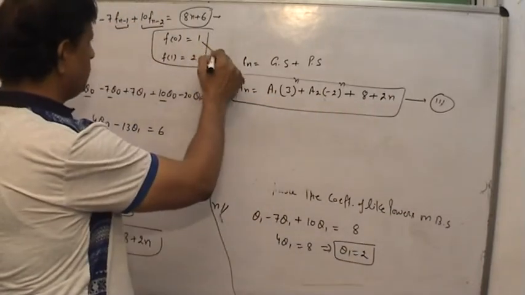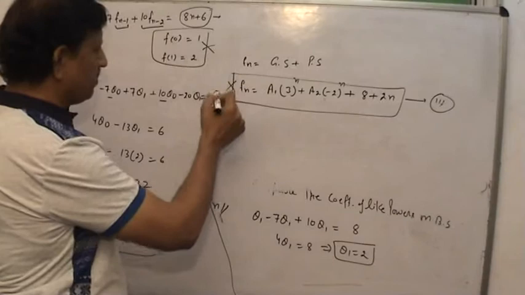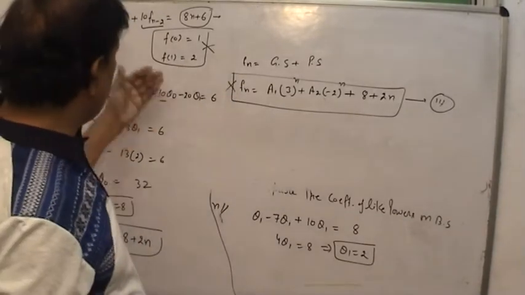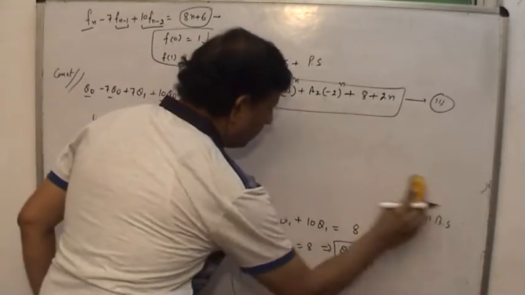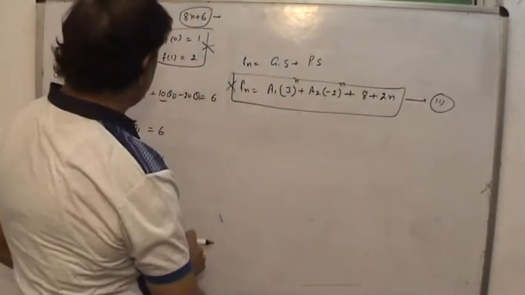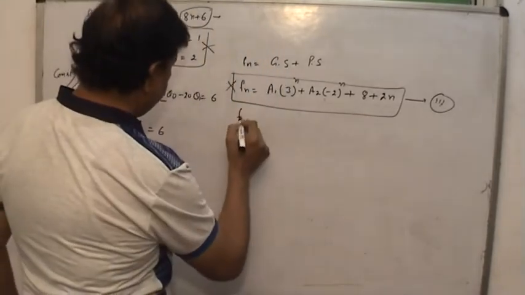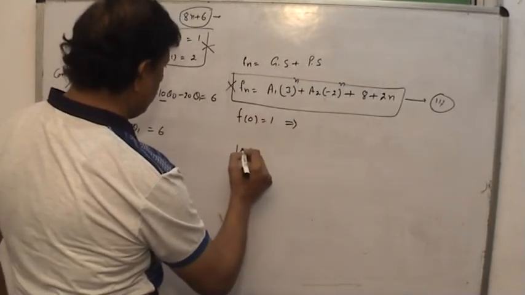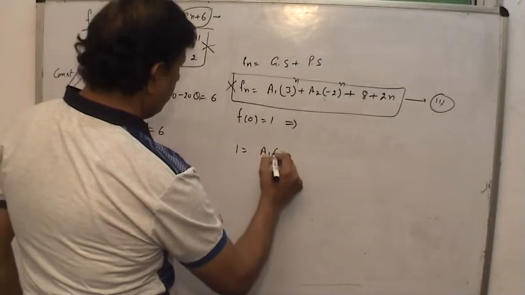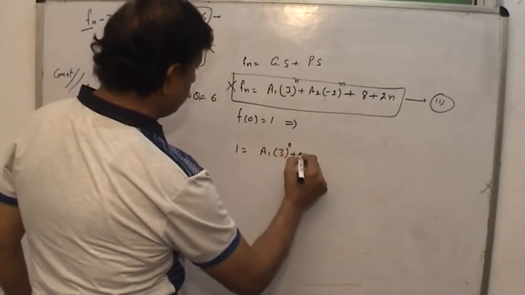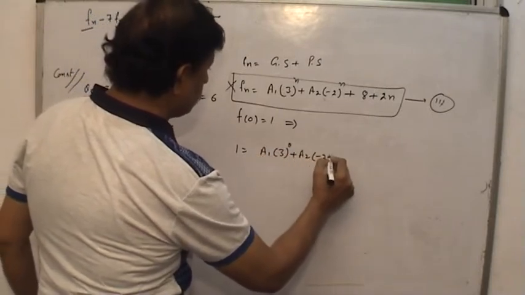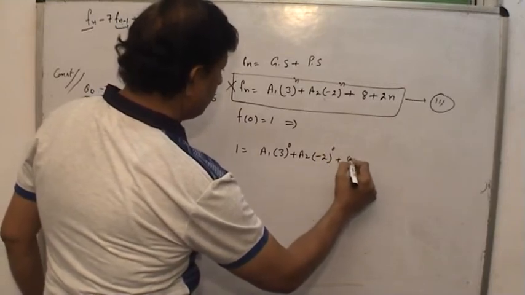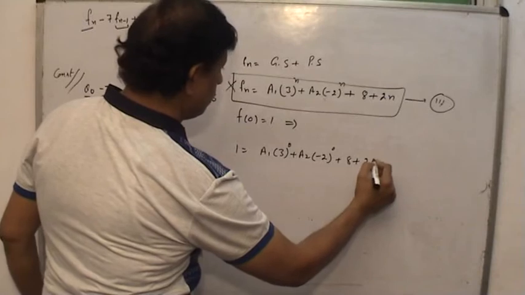If these conditions are not given, then it is the final solution. If these are given, again we see how to calculate certain relations. Then from the first condition, f of 0 is equal to 1. This implies 1 is equal to a1 times 3 raised to the power 0 plus a2 times minus 2 raised to the power 0 plus 8 plus 2 into 0.